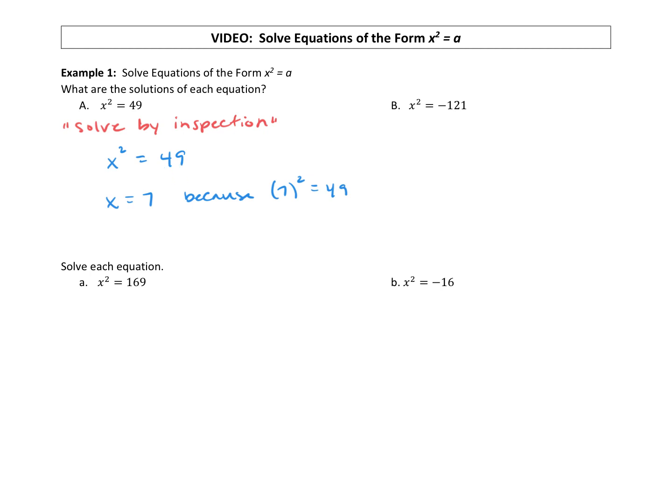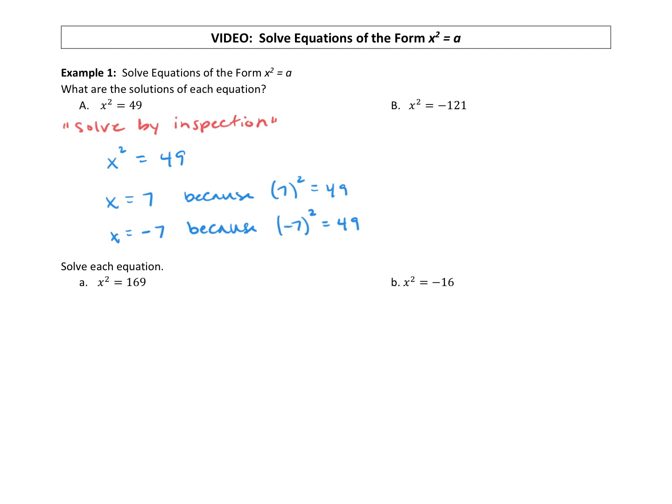So x could also be negative 7 because negative 7 squared equals a positive 49. There are two numbers that you could plug into your equation and square and get 49. So we're going to get two solutions on these, or most of these, like we have been with solving our quadratic equations. If you were to graph a related quadratic function to this, those would be your x-intercepts.